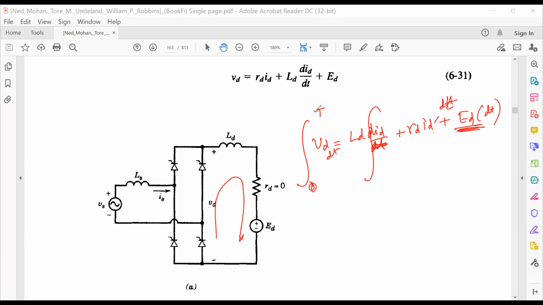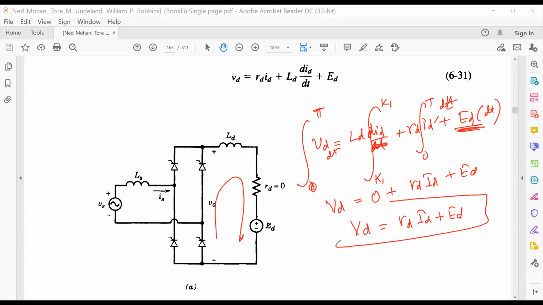So this will be over one cycle. This will be the average value, and the current at 0 will be the same. Say K1, it will also be K1. So this part will come at 0. This will be, say, ID dt between 0 and T. This will be capital ID. So output voltage will be your RD multiplied by ID plus ED.